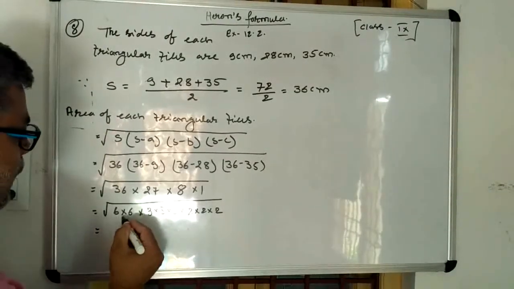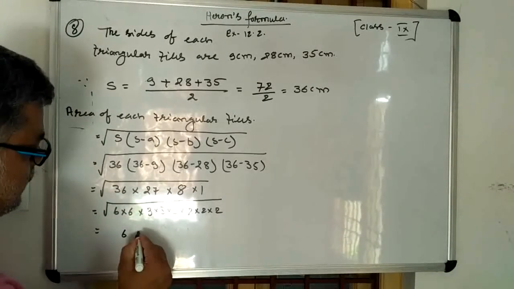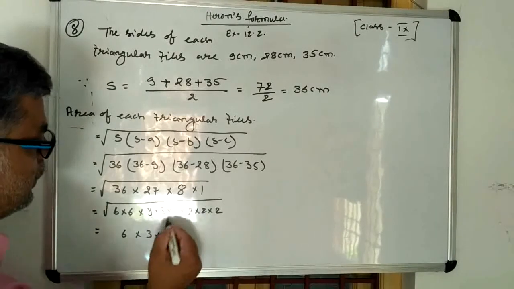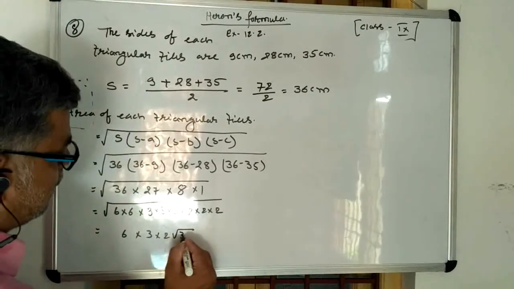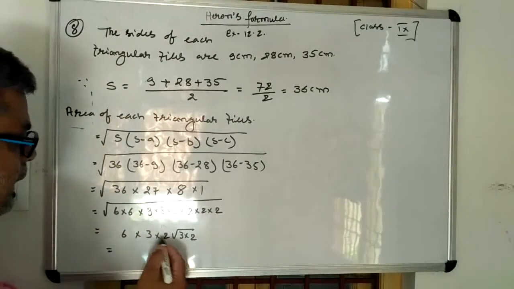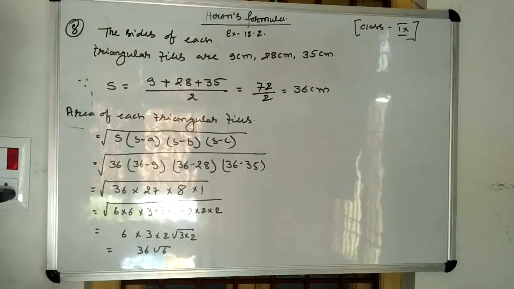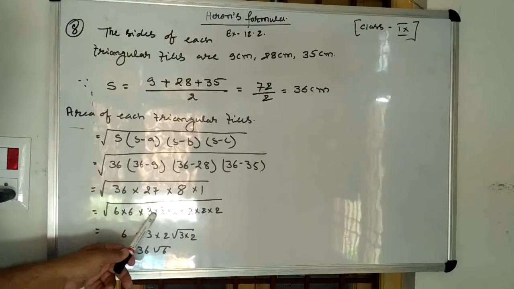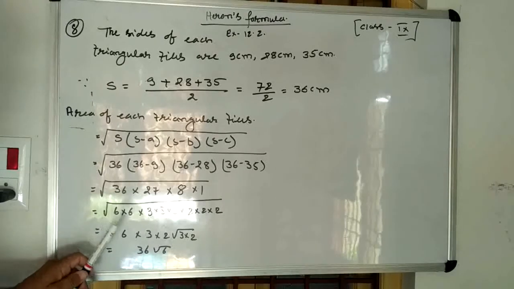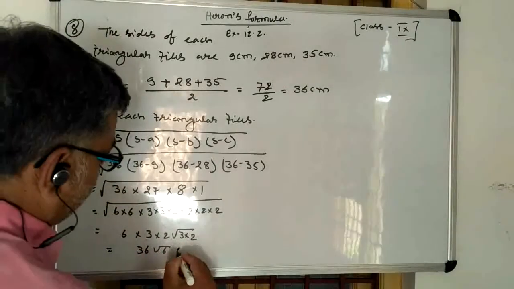Now take out one number for each pair: one 6, one 3, one 2 come out, and only 3 into 2 remains under the root. So the area is 36 root 6 centimeter square. Yes, this is the area of each tile.